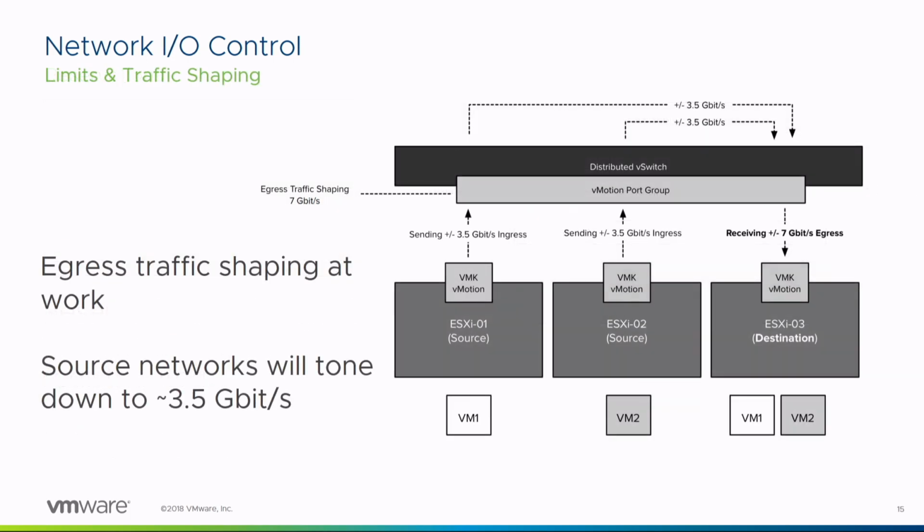So you'll see now that the receiving host, the destination host, because we enforced egress traffic shaping, is cut down at 7 gigs. And the way network protocols work, the source host will be tuned down to around 3.5 gigs, right? So again, it's a corner case, but it is good for you to understand how network I/O control works, that it only works on ingress, and that we can mitigate risks with egress traffic shaping if that is required.